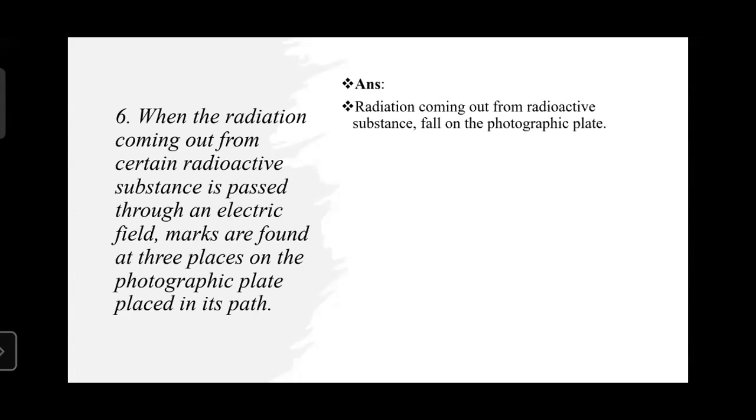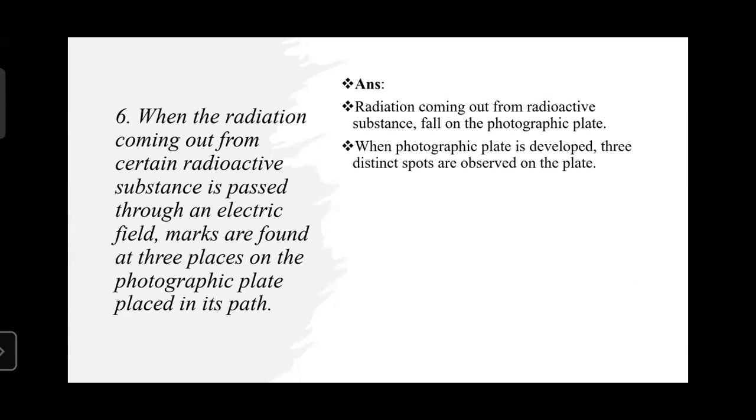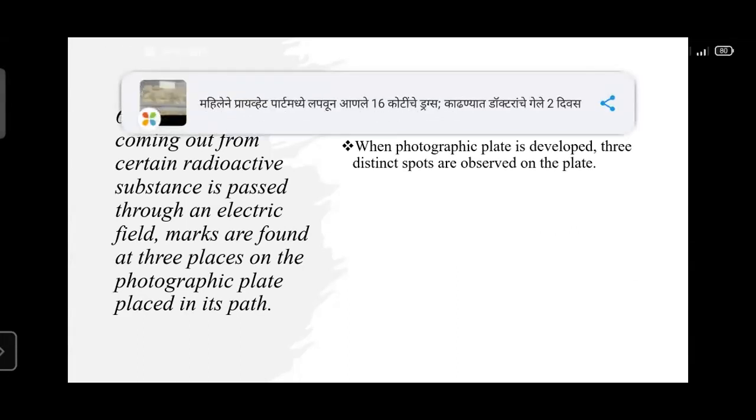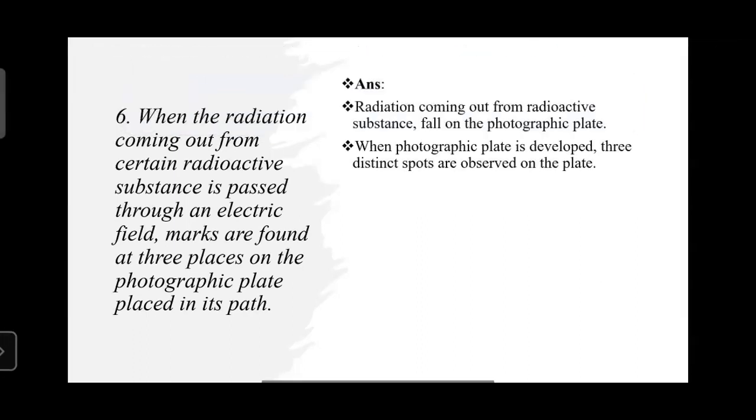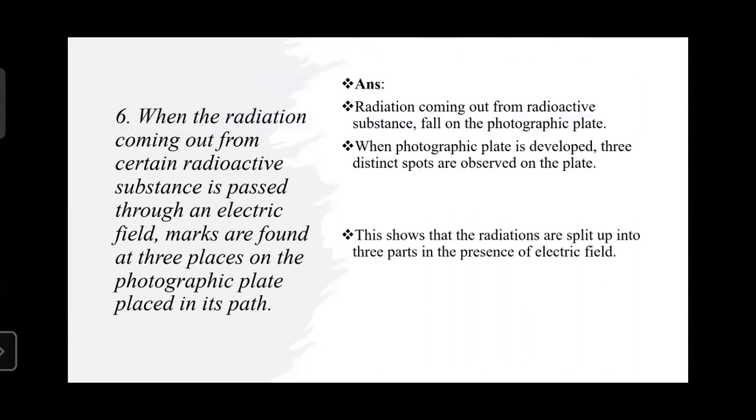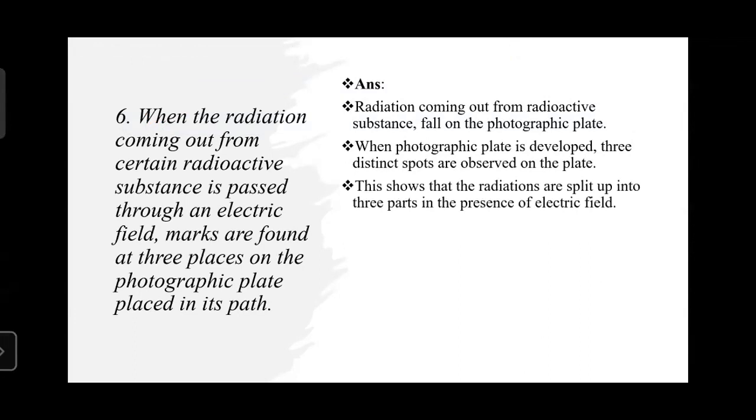Radiation coming out from radioactive substances falls on the photographic plate. When the photographic plate is developed, three distinct spots are observed on that plate. This shows that the radiations are split up into three parts in the presence of electric field.